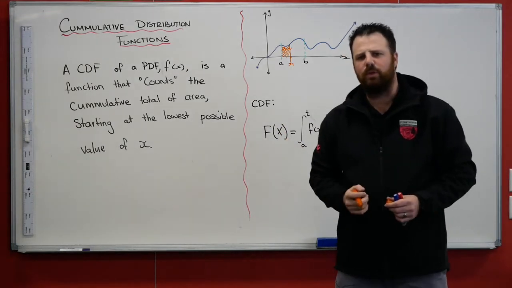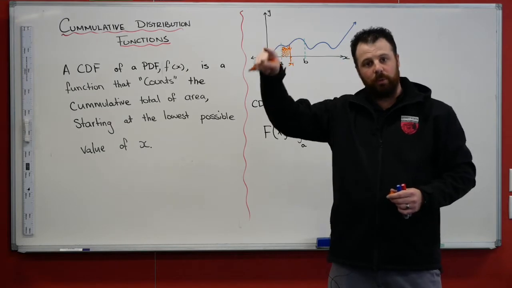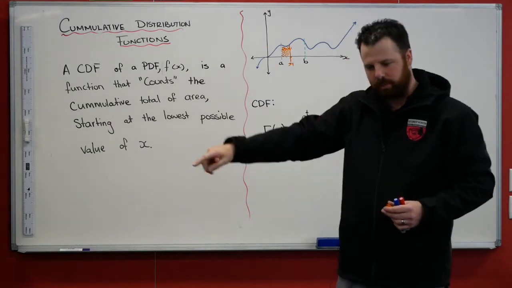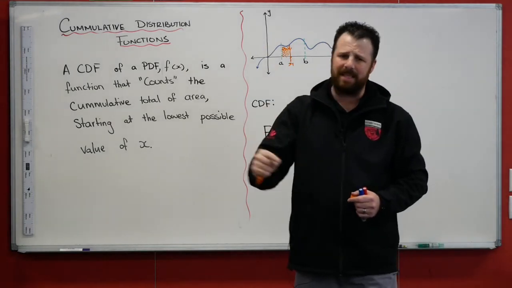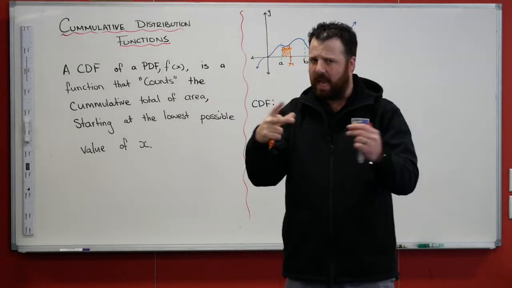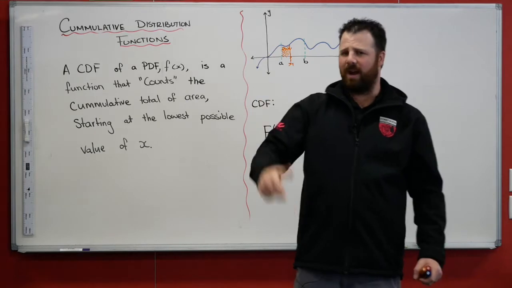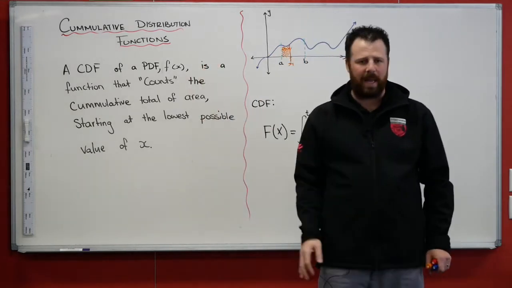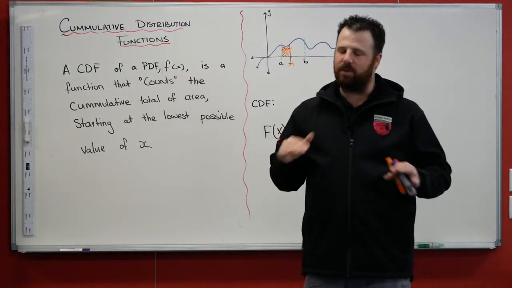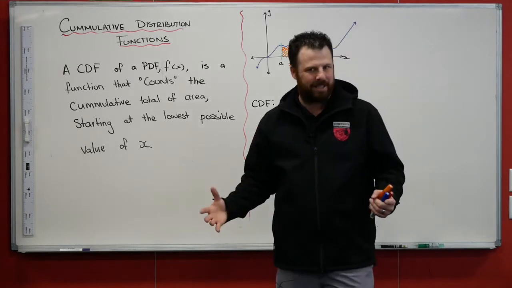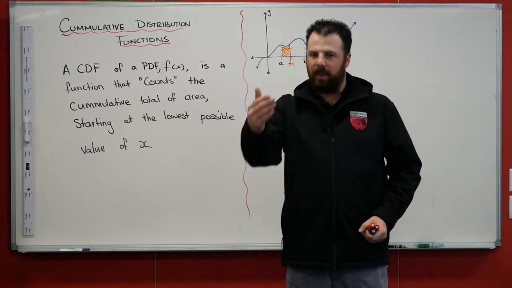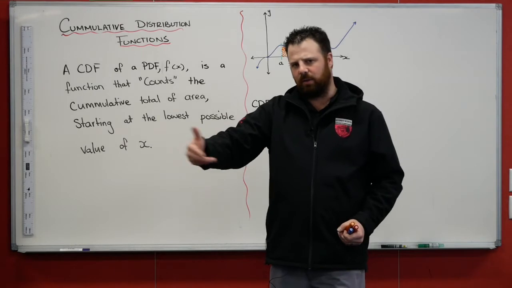Very similar to what we saw with our normal distribution. Remember when we saw our normal distribution? There was that really messy PDF that gave us a normal distribution. It had e with fractions and pi and e to a power. And when we looked at it, we said, there's no way in the world we want to try and integrate that. But we can do it with approximation, the trapezoidal rule.